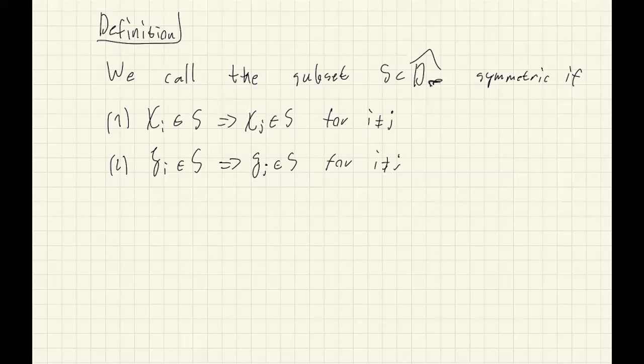And if the subset is not symmetric, it is asymmetric. We're not interested right now in the case of symmetric spectrum, but we would like to study the case where the spectrum is asymmetric.